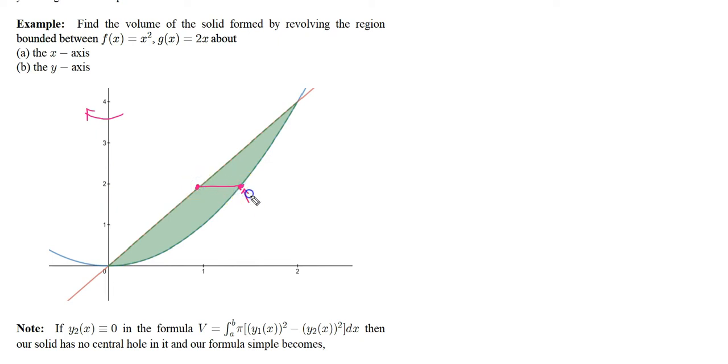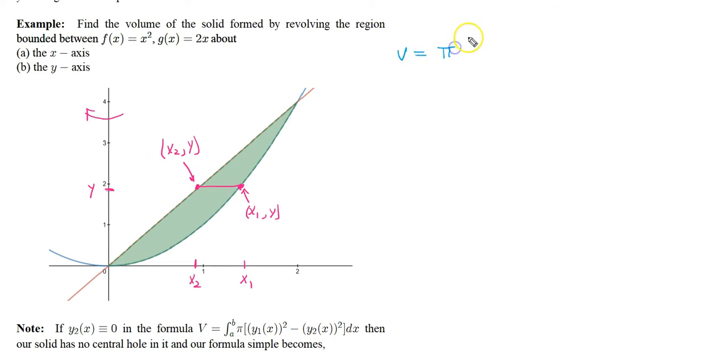Let's call this one x1, y, and let's call this point right here x2, y. So notice x2 would be like right here on the x-axis, and x1 would be right here, and the y would be right there.